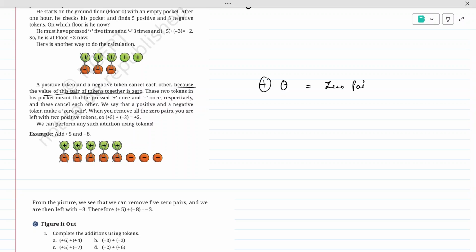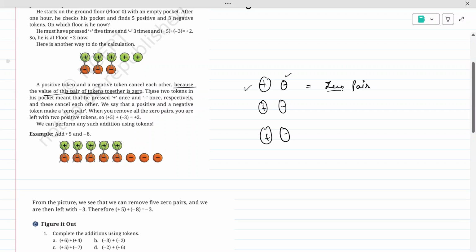Further, if we add one 0 pair, that means we are adding 1 plus and 1 minus. This is 1 zero pair. These are 2 zero pairs. These are 3 zero pairs. Zero pair means the total value of the pair is 0.